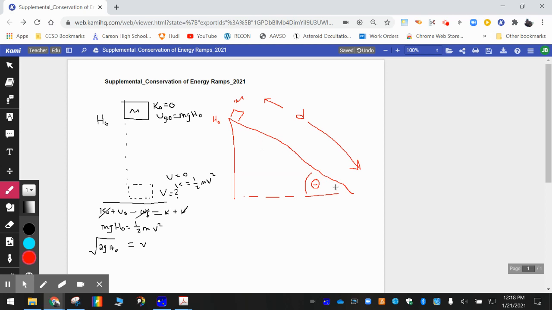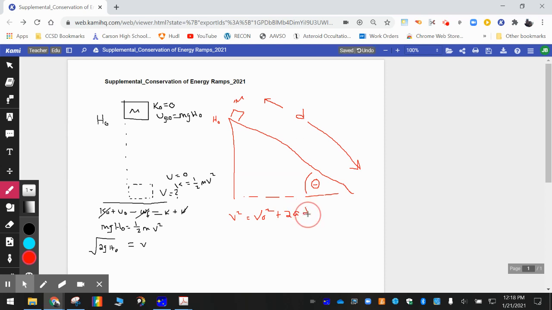So if I was going to use kinematics here, okay, so this is D here. The kinematic equation would be V squared equals VO squared plus 2a, and this is a distance D right here.